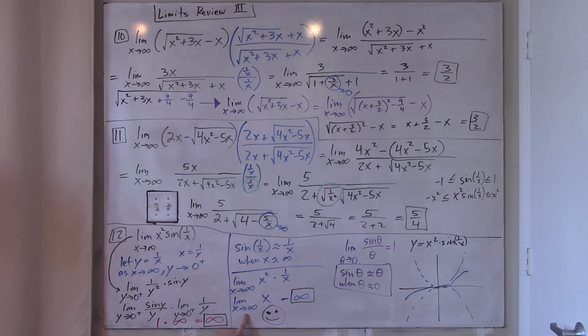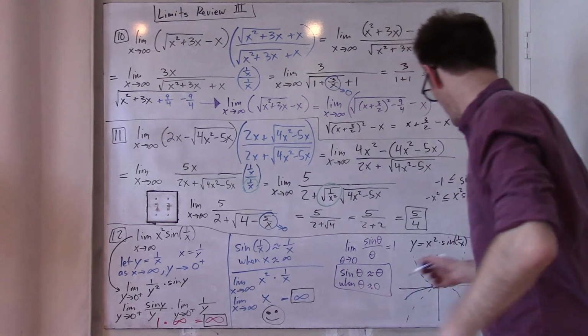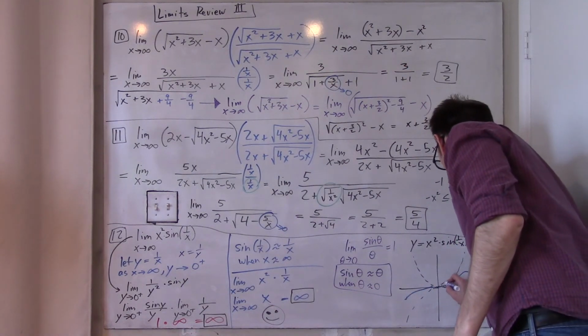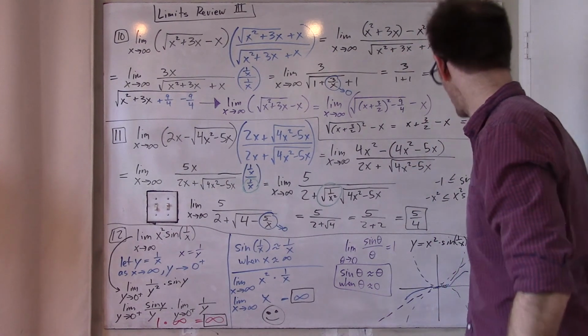The limit as x approaches infinity of this function is infinite, but also it's infinite in an x-type way. In other words, this function grows linearly. And we actually have a slant asymptote of y equals x.